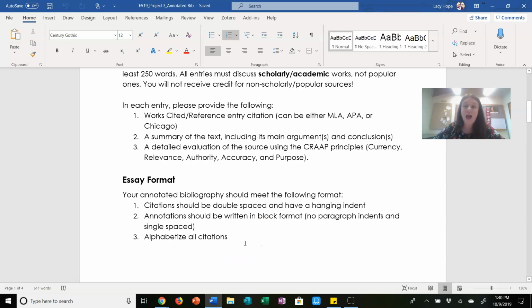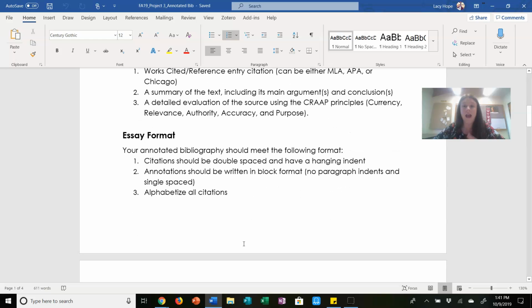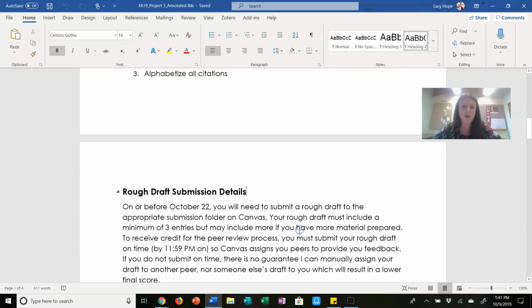So just make sure that all of your entries are in alphabetical order by, again, whatever happens to appear first in the citation. Most of the time it's the lead author's last name, but other times it could be the entity, the organization, or the group who has assembled whatever citation it is you're referencing.